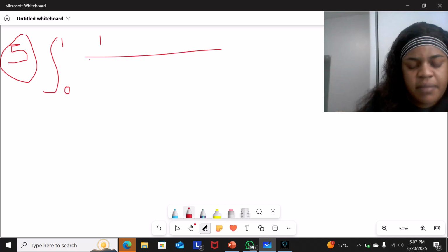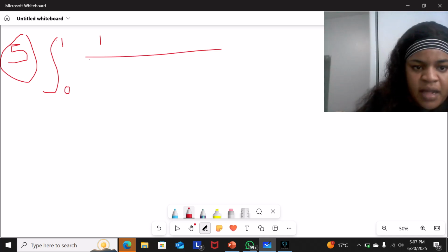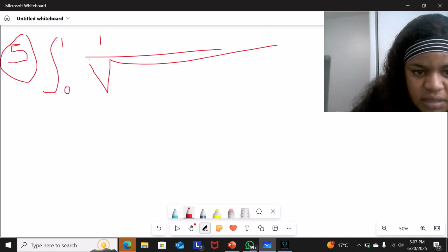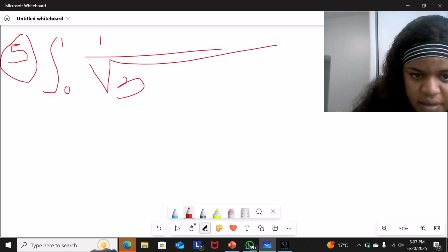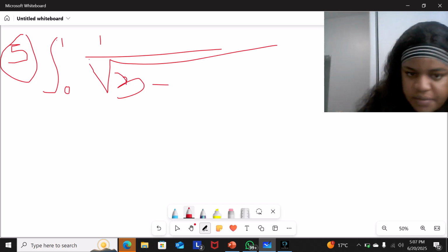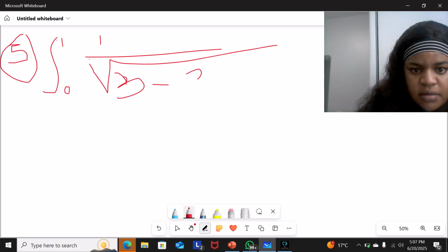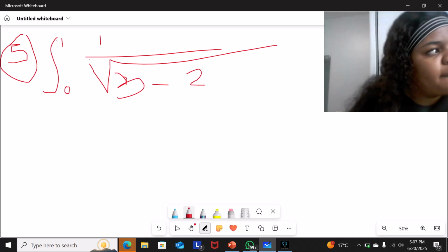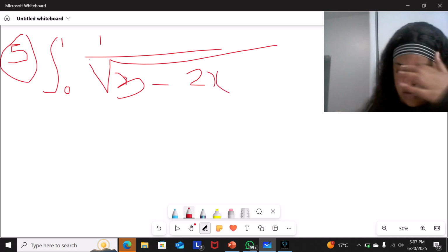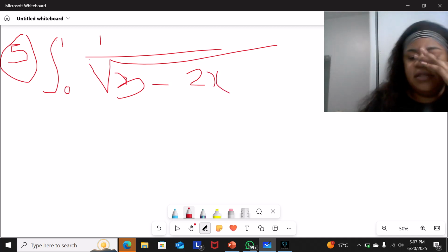Call it integration by parts. And then root 3 minus 2x dx.